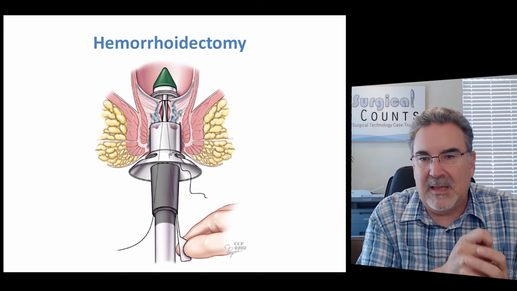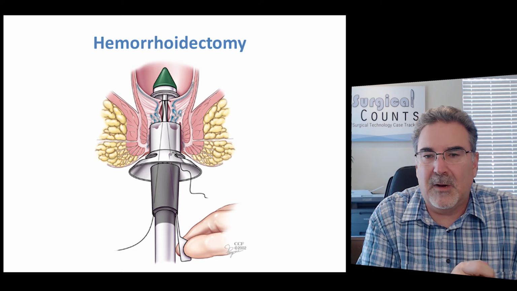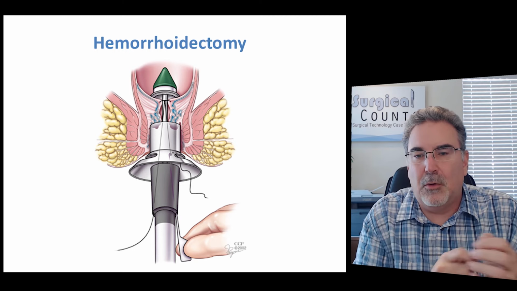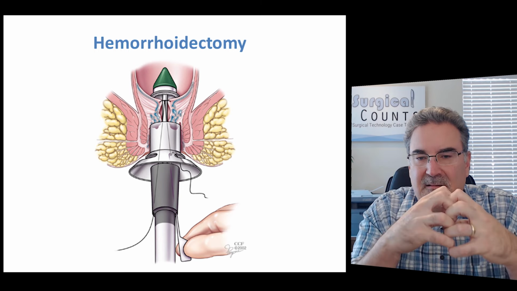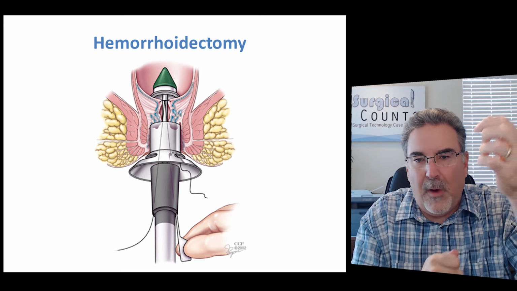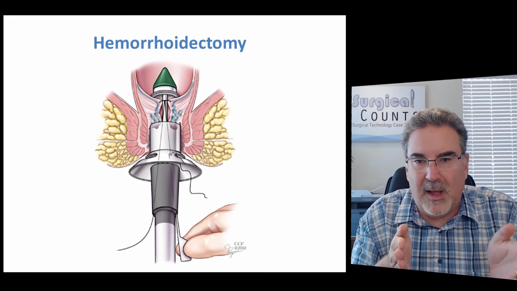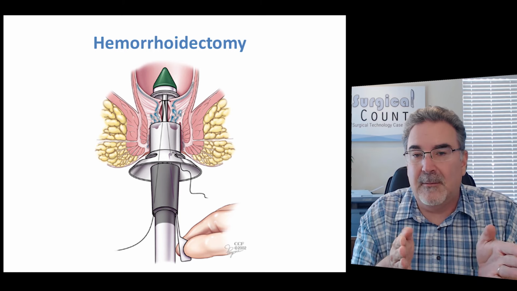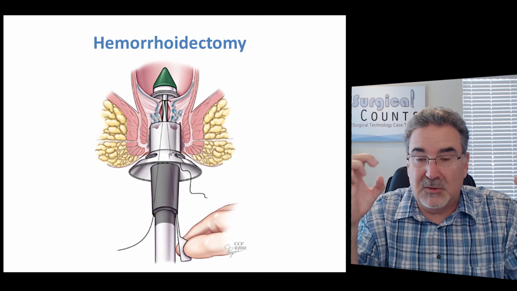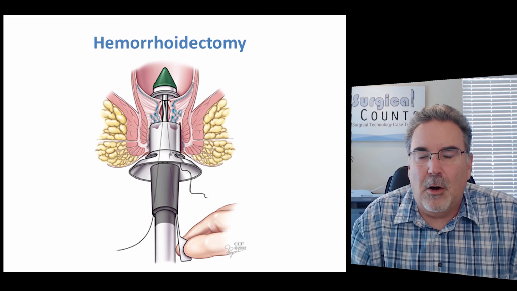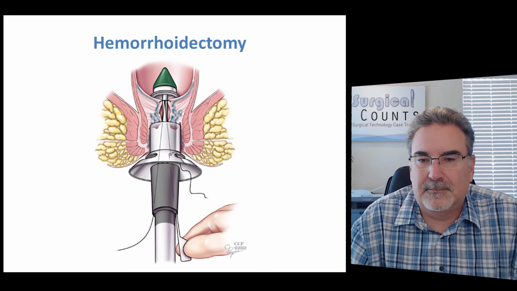You insert the anvil into the anus, into the rectum, and attach the EEA stapler to it, pulling all of the hemorrhoids into this little cone. Then when you close and staple it together, it's going to cut away all the hemorrhoids at one time. It staples all around them, sealing those blood vessels so they don't bleed, and removing all the hemorrhoids through that cone.